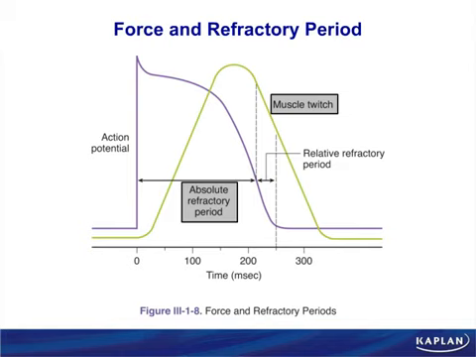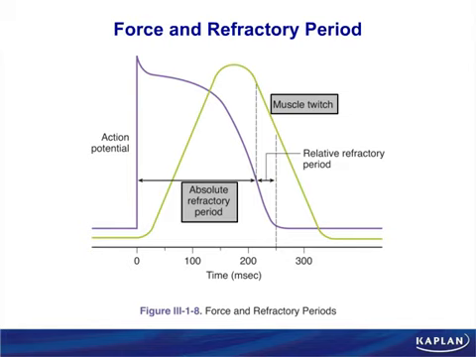So in other words, because of this long absolute refractory period, with the twitch tension already starting to fall, cardiac muscle cannot summate. And if you can't summate, you can't go into tetany. And this is the mechanism by which cardiac muscle cannot tetanize. Which is a good thing, because we really don't want cardiac muscle to tetanize, now do we?